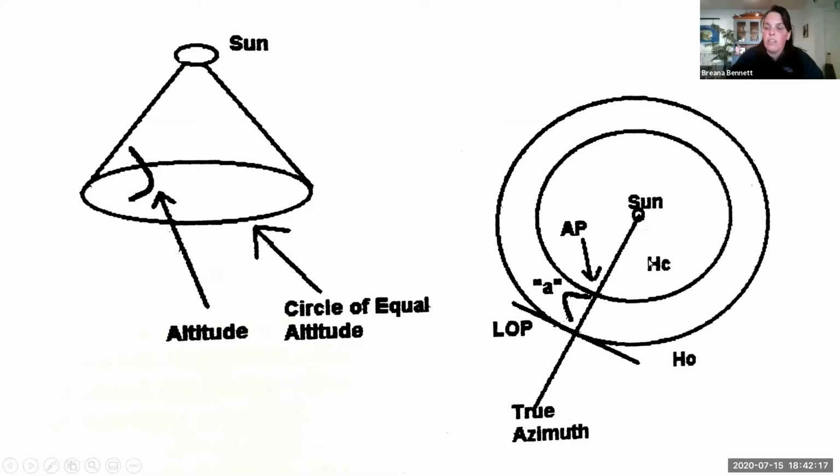HC here is the altitude that's calculated for the assumed position. HO is the altitude or the height observed. So this is what we observe, and this is what we calculate with our assumed position so that we can create an LOP, which we draw as a perpendicular line to our azimuth.